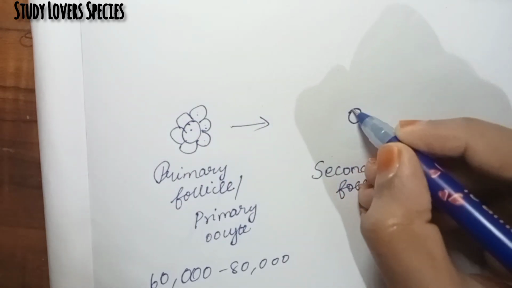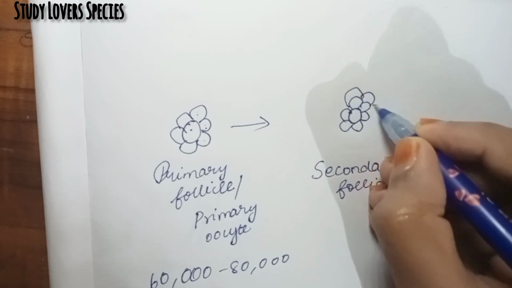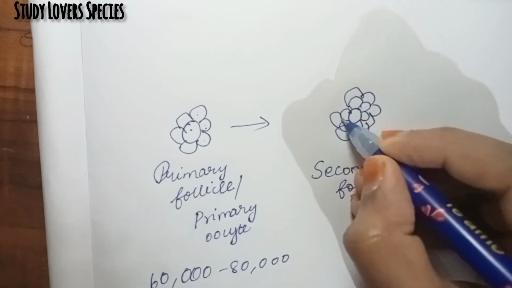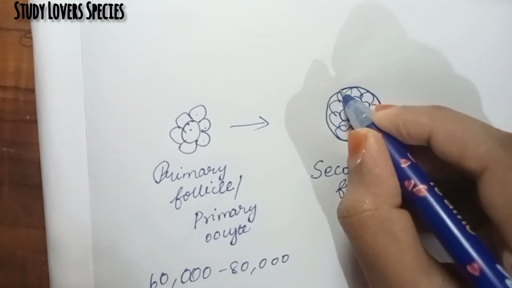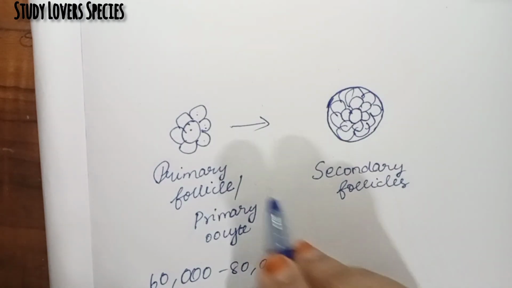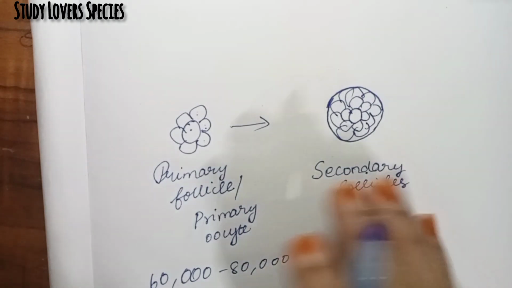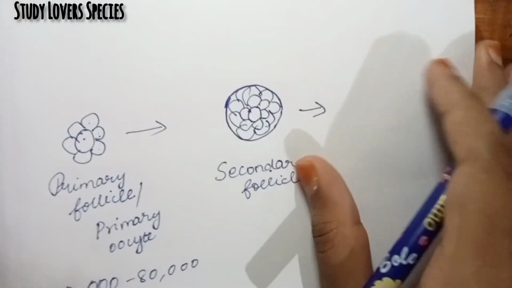It has the primary oocyte, some more layers of granulosa cells will get formed, and a layer of theca will also get formed. This is the secondary follicle. Once the secondary follicle is reached, the tertiary follicle will arise.